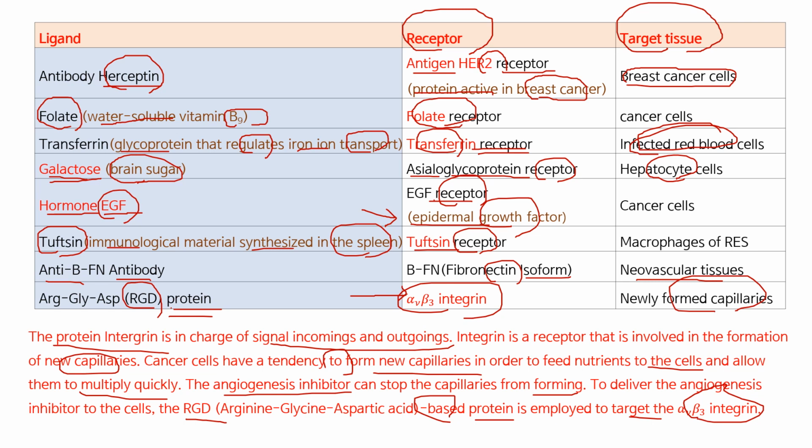So this RGD protein is used to prevent the formation of the new capillaries. So there are various kinds of ligands, and these ligands are targeting the receptors and target tissues.